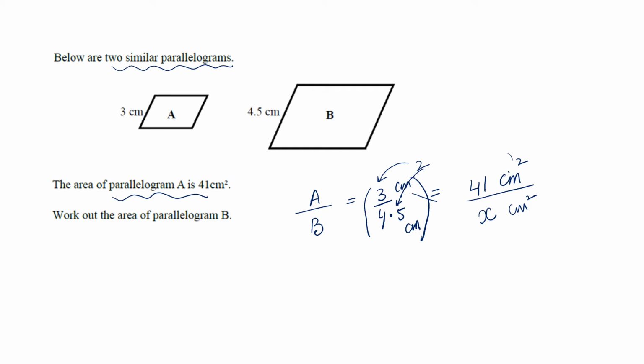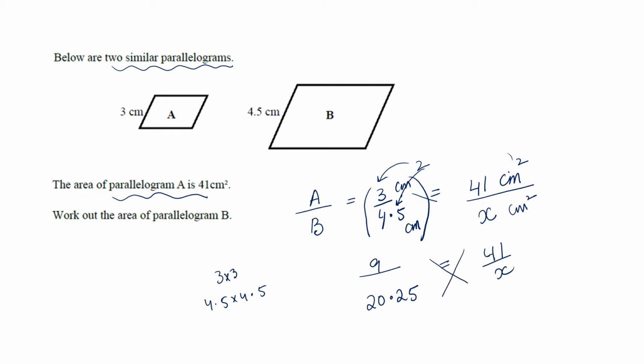So we have 3 times 3, that is 3 square equals 9, over 4.5 times 4.5, it gives you 20.25. You can use the calculator also, equals 41 over x.